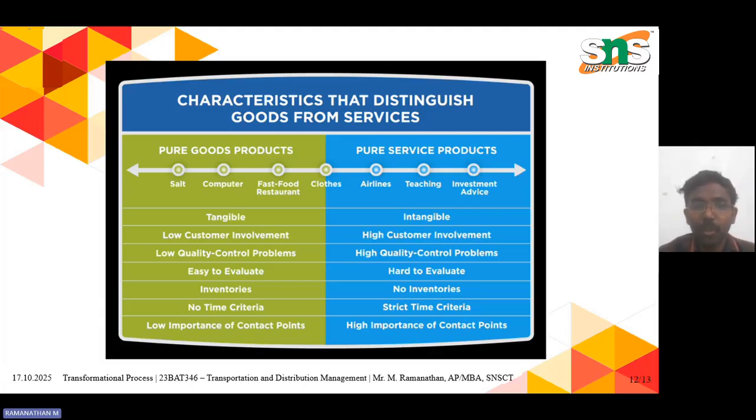If it is goods, there is no time criterion, but it is tangible. In goods there is low importance of the contact person, even though a few products get connected to the human, customer or consumer. In services it is highly important to have a contact point. That's more important in service. So this is all about goods and services. Thank you all.